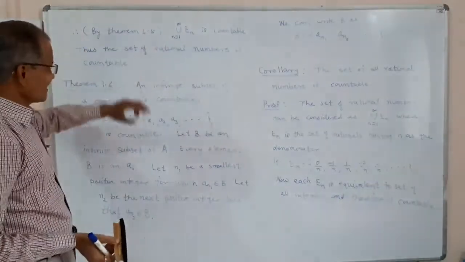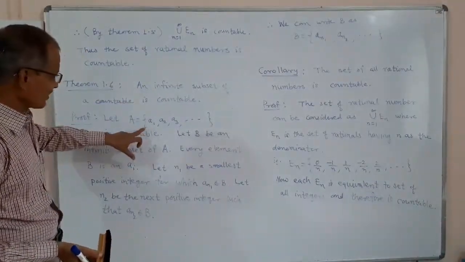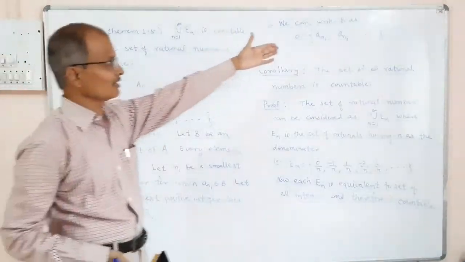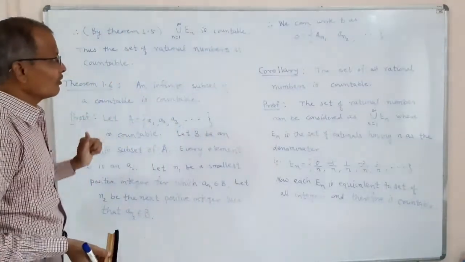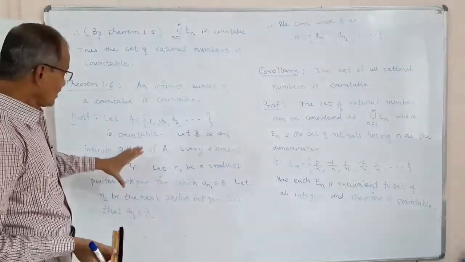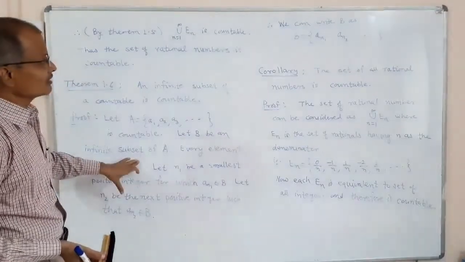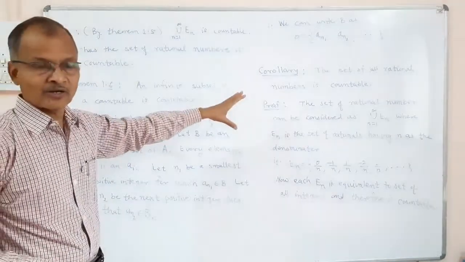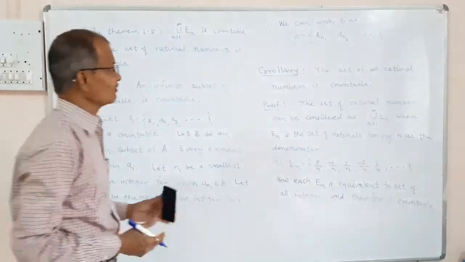So what it says is, A is countable, and any subset of A is also countable, though B is infinite. We only need to label the elements of B, which we have written. So this labels every element of B, and therefore B is countable.